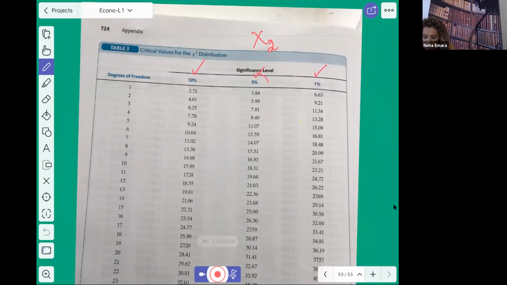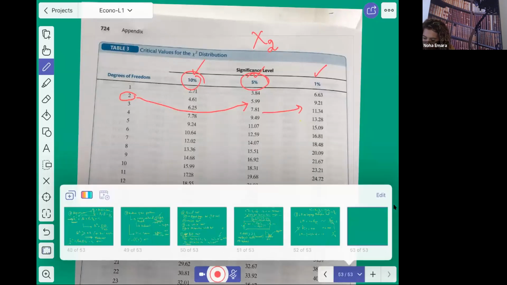By default, I use 5%, or most people use 5%. If it is in an exam and I'm telling you 10%, then you use that one. If I'm not saying anything, you choose whatever you like, and you base your analysis on your choice of the significance level. So my degrees of freedom are 2. If I'm using 5%, then this is 5.99, my critical value. If you're using 1%, then 9.21 is your critical value.